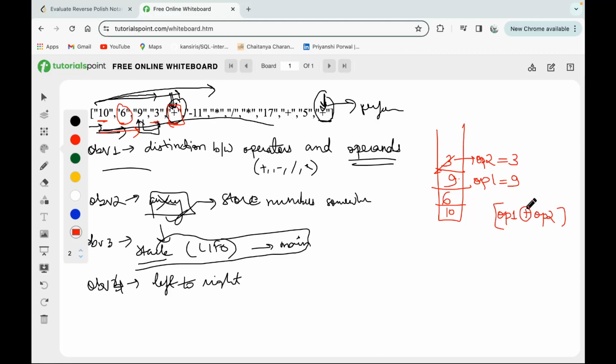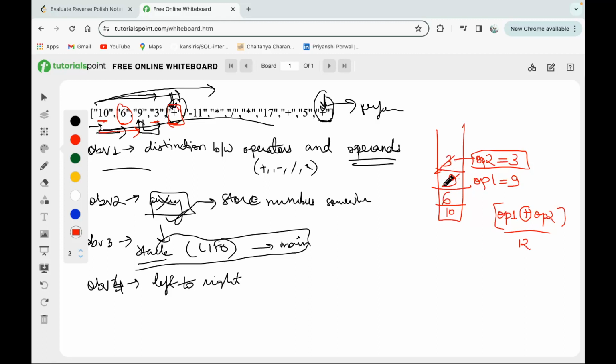So even if this was a minus sign, we would have preserved the order. So that is what we are going to do. The first top element that we get out of the stack is going to be operand 2, and the next popped element would be our operand 1, and this will be the order. So now we will calculate what is going to yield. It will give us 12, right?